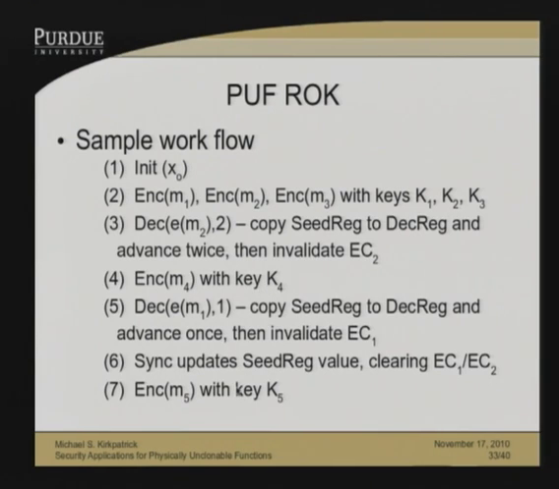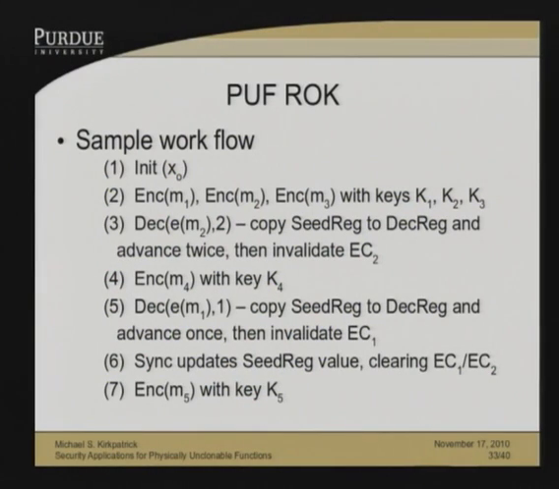And then later on, I didn't really get into the details here, but after a while, you need to use the fact that some of those invalidated error correcting codes need to be overwritten because you want to generate new keys. And we have this sync operation. Again, I won't go into the details of that right now, but the idea is that once you have a certain number of spots that are available within your cache, then you can clear that out and you would update the seed register.